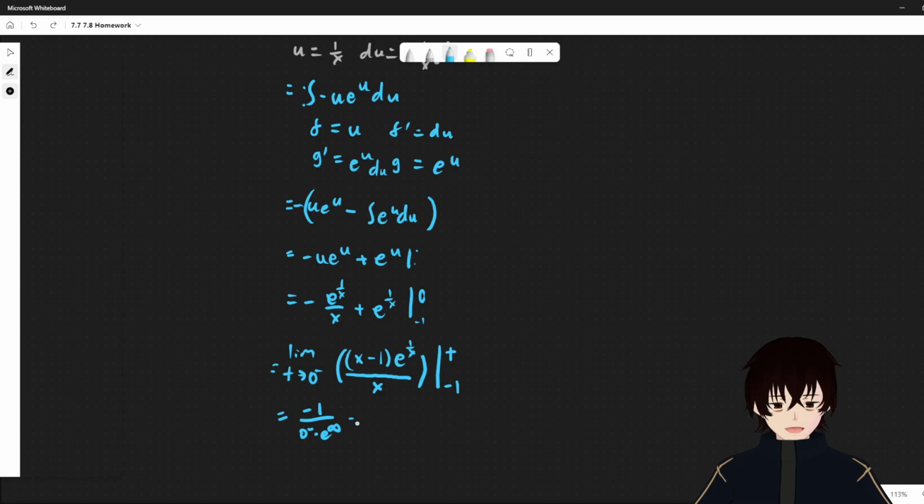This has to minus, plug in -1, we'll get -2 e to the power of -1 over -1. So that's 0. That cancels out, minus 2 e to the power of -1 equals 2 over e. Convergent.